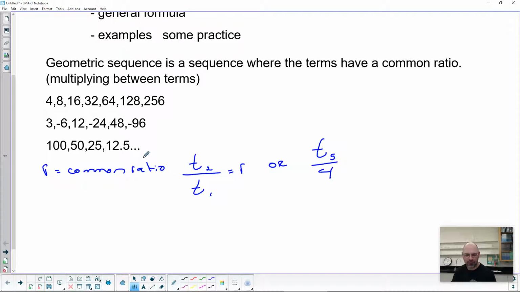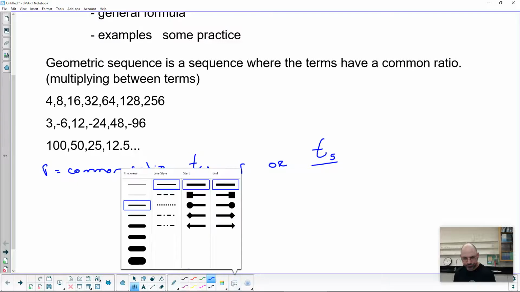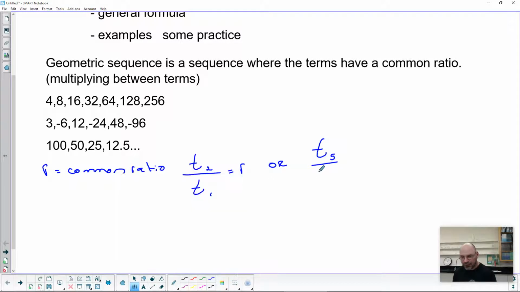So it'd be like 8 divided by 4, 16 divided by 8, 128 divided by 64, and that would give you your common ratio. In general, it's just one term divided by the previous term as you're going. So that's how you get the common ratio.